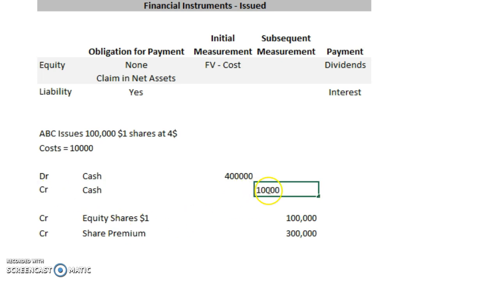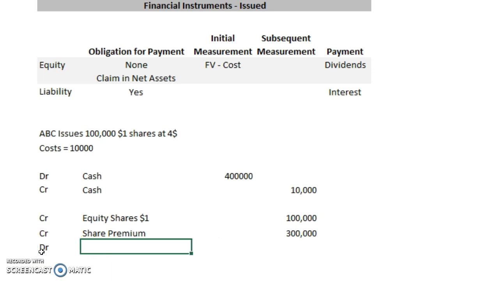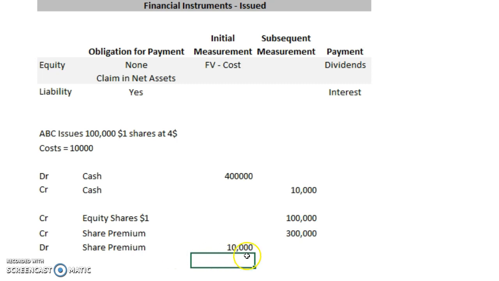Let's put these commas in, make it slightly more readable. 10,000 for cash. And where does that cash come from? Well, it's debited off the share premium account. There's very few uses for share premium. One of them is the payment of new issue costs. So we'll take 10,000 through a debit onto share premium.